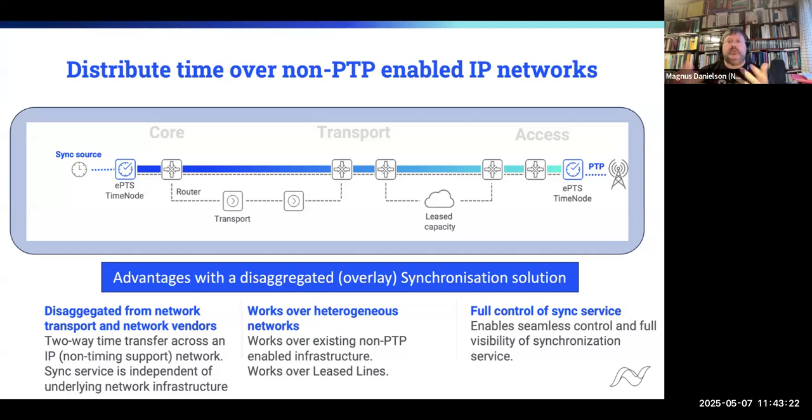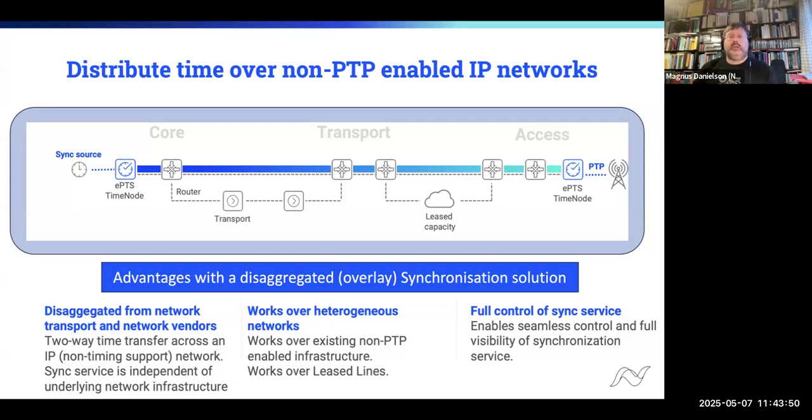It's quite promiscuous to some degree, but by doing this you jump over shorter paths between nodes that do know the time, how to do the timing. You can then jump over different segments that have different properties, but you are able to build an overlay over those different segments.